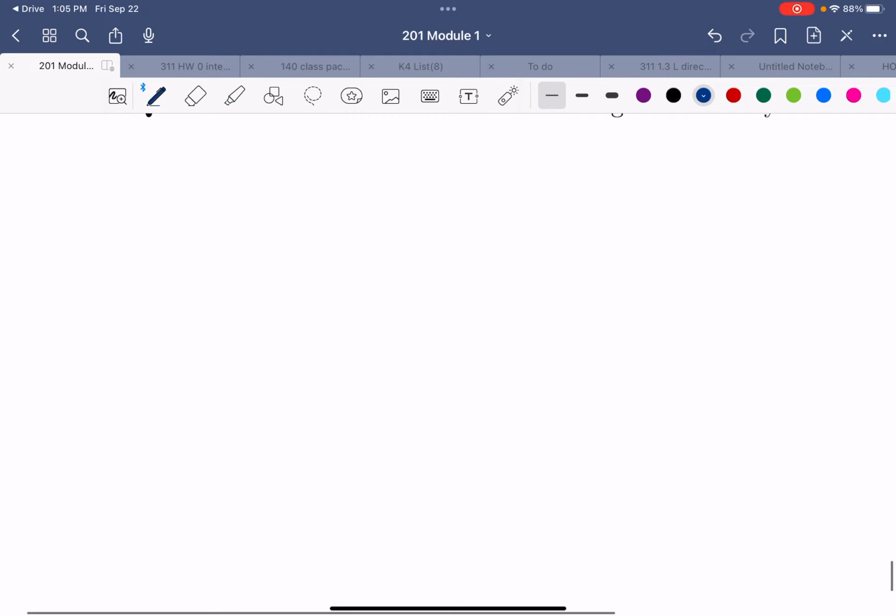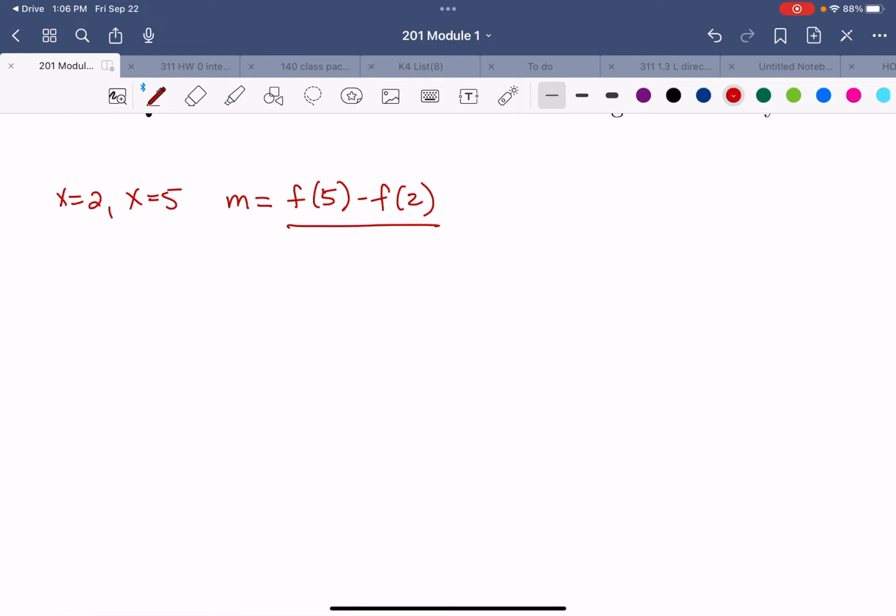So the first one we did was we said, okay, when x was 2 and x was 5, we took those 2 points. Then our slope was f of 5 minus f of 2. Let's write them in first so that we can see it.